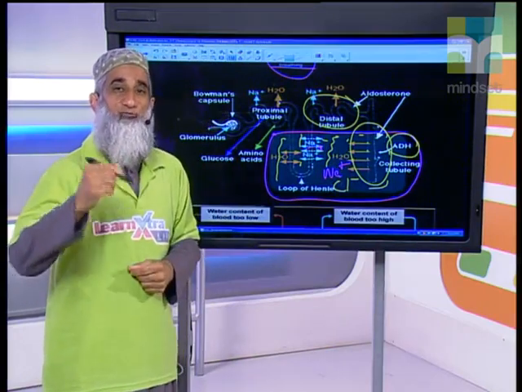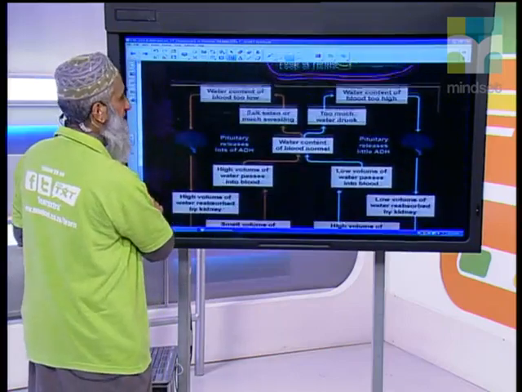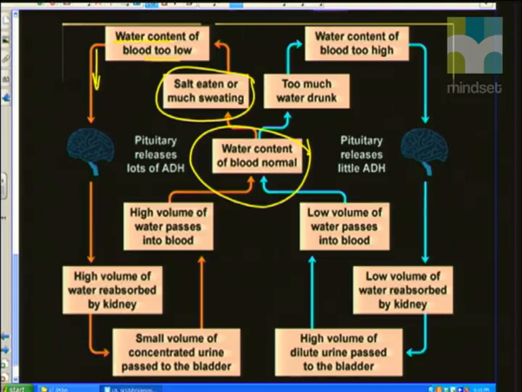That means there will be less water in your urine. If there's too much water, something else will happen. Now let's look at what happens here. Here's the water content of blood, which is normal.